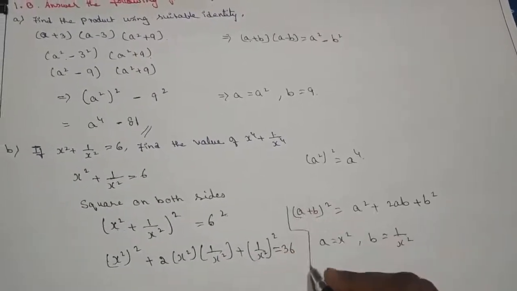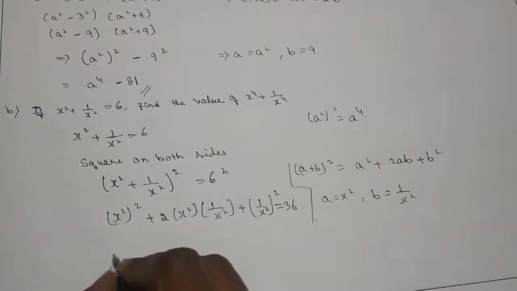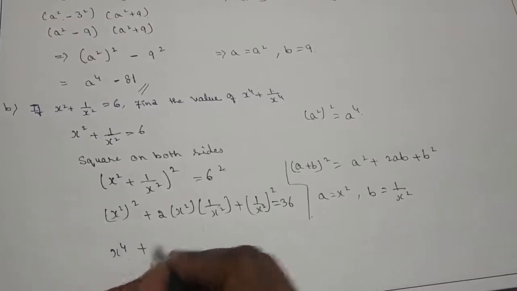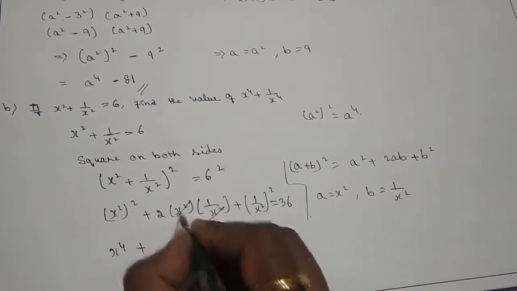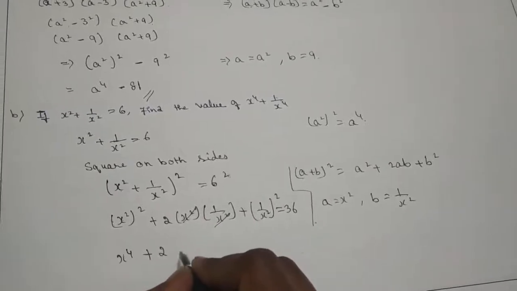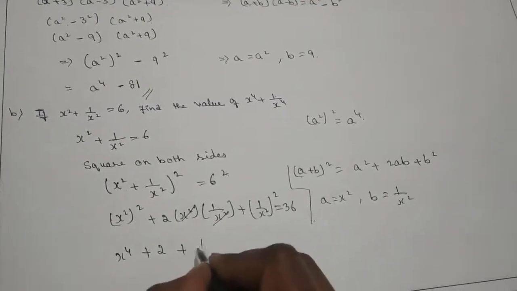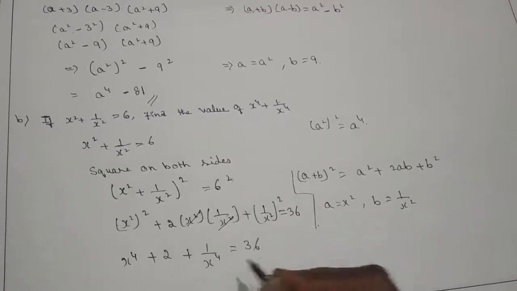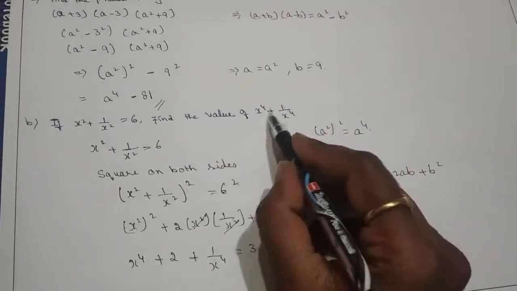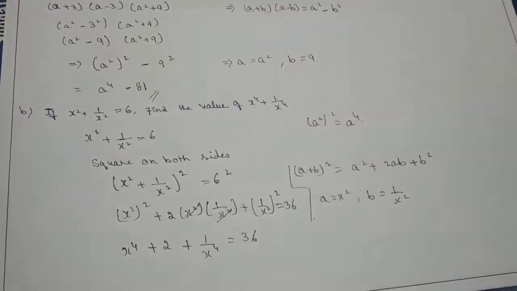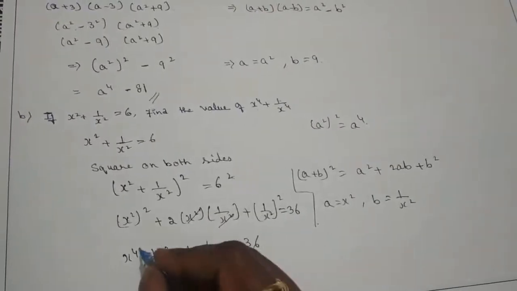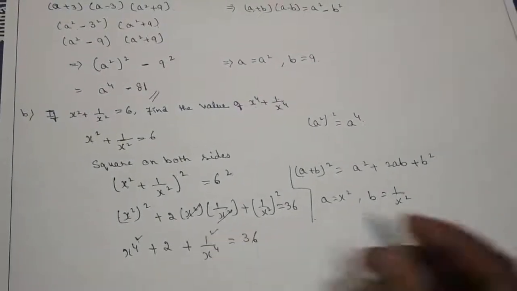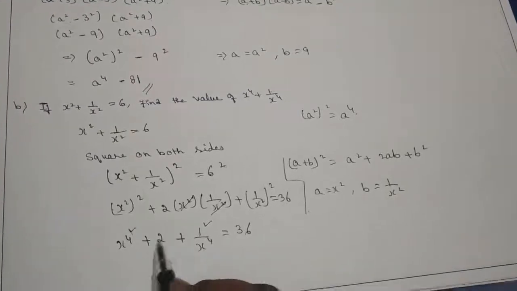Is it clear? Now x power 4 plus, this x square gets cancelled, 2 plus 1 by x power 4 equal to 36. What is he asking? X power 4 plus 1 by x power 4. He is asking for these two terms on the LHS side, which means you send these two to the RHS side.